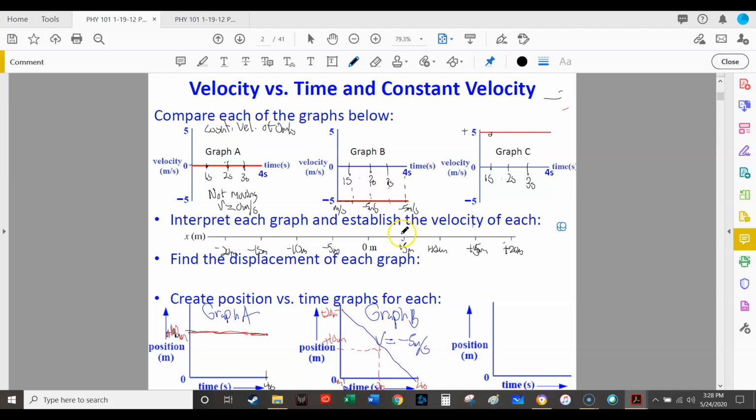Okay, so it's going to start off here at the 0-second mark at 5 meters. I'm going to use green to represent this guy. So this is graph C, and it's starting off at the 5 meter mark.